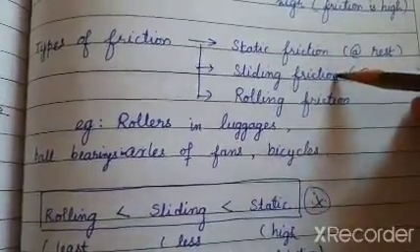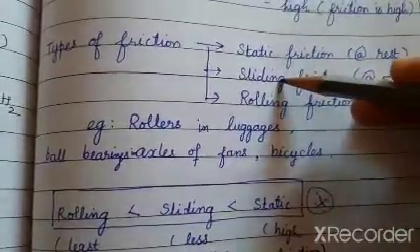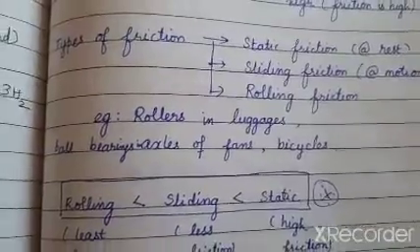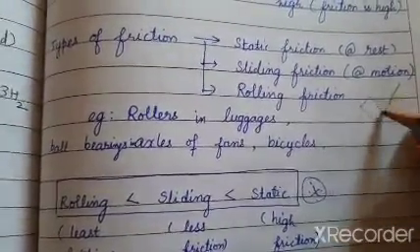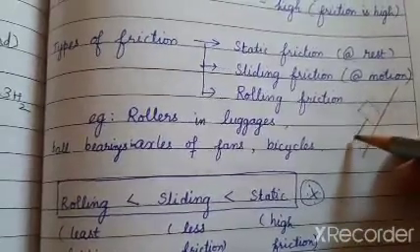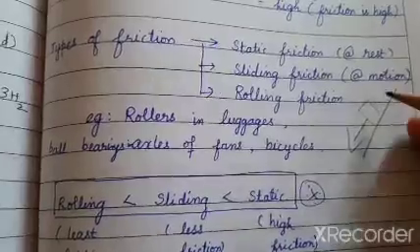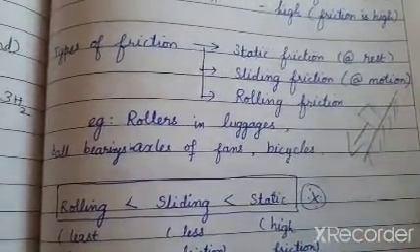Okay, whereas the next one is your sliding friction. As the name tells, sliding means something which is going to slide down. Okay, let us consider this as a slope. If this is a desk which is placed here, it will slide down, right? Because the surface is a slope.